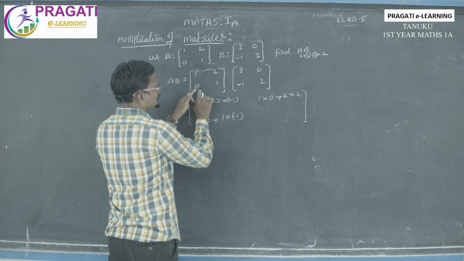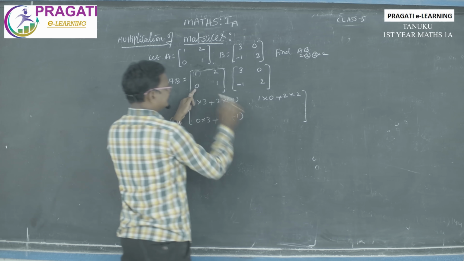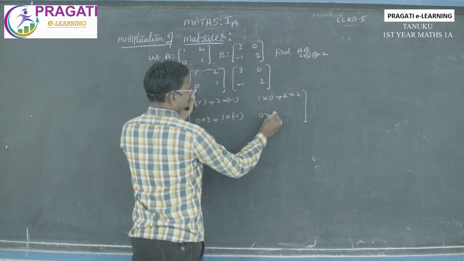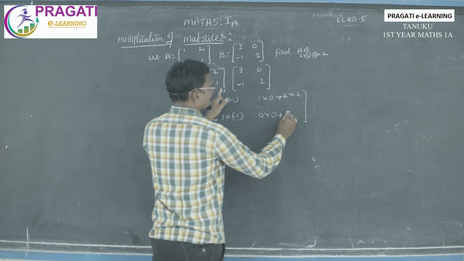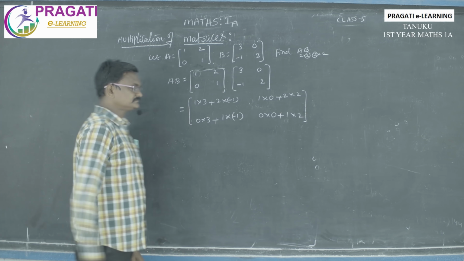Again the same row, now with this column: 0 into 0 plus 1 into 2, that's all.